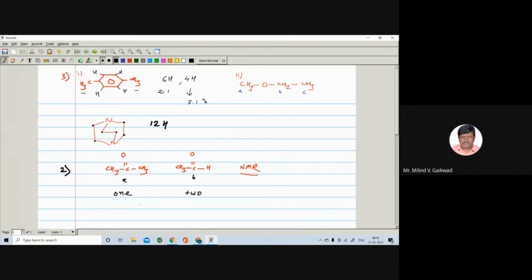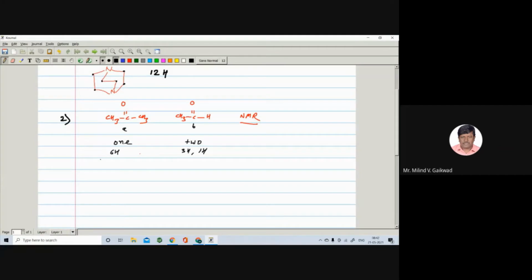So by using the signals, you can say that this is acetone and this is your acetaldehyde. Why? Because due to 6 hydrogens you get one signal, and here due to 3 hydrogens you get one signal, and due to 1 hydrogen you get another signal. The next example, here again I will take one and then we'll go for the next one.